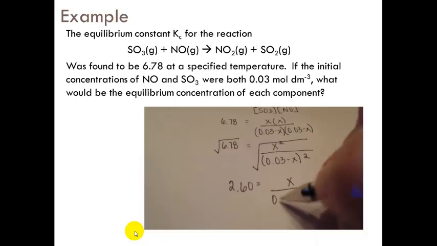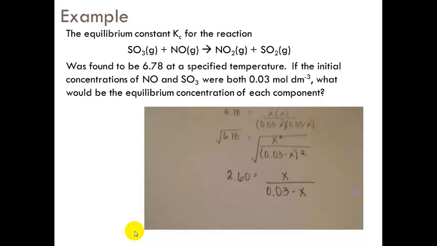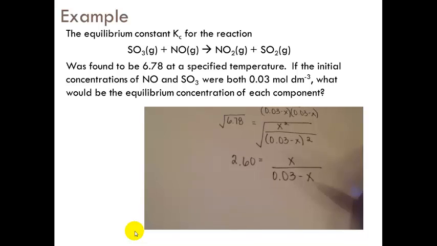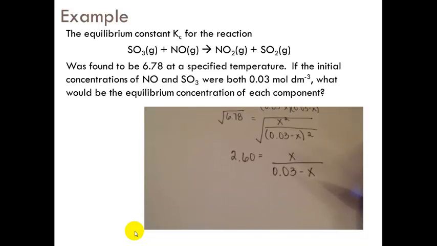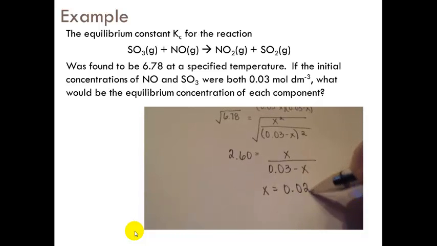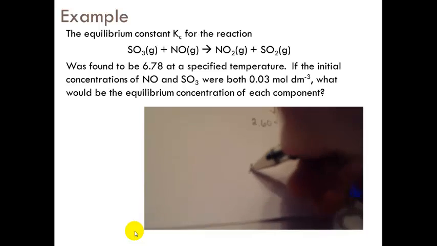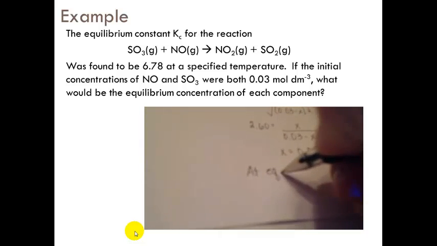Square root of x squared is x, and the square root of (0.03 minus x) squared is just 0.03 minus x. Now it makes it very simple for you to solve for x. So you're going to cross multiply, and when you finish, your x will be equal to 0.0217.